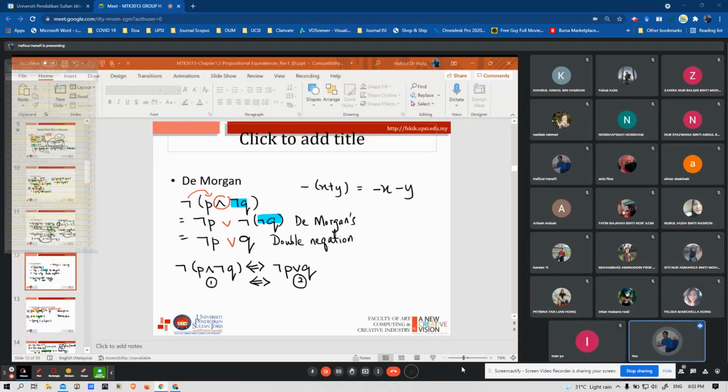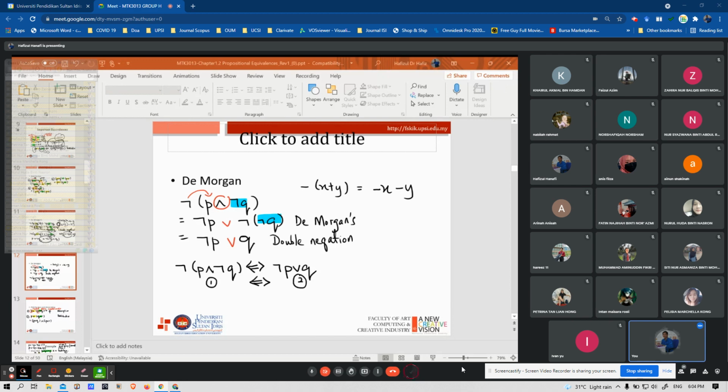De Morgan law stated that when we negate a disjunction, or respectively a conjunction, conjunction and, we have to negate the two logical statements and change the operation from disjunction to conjunction.